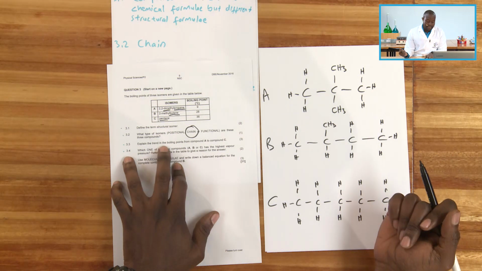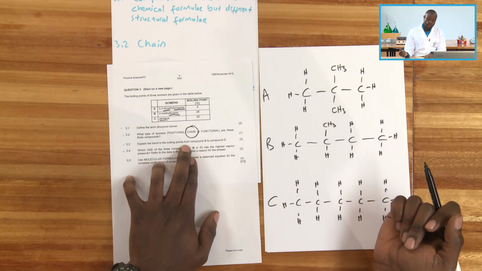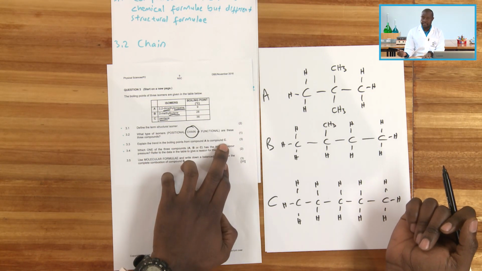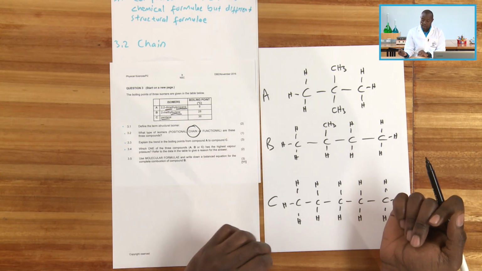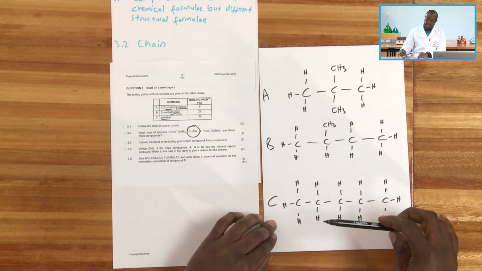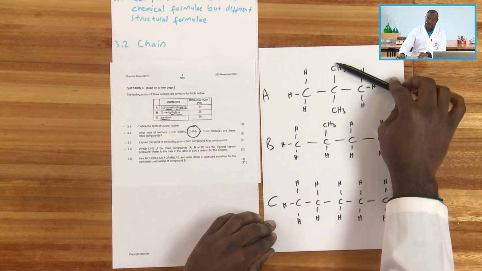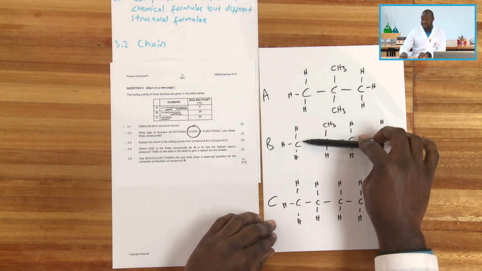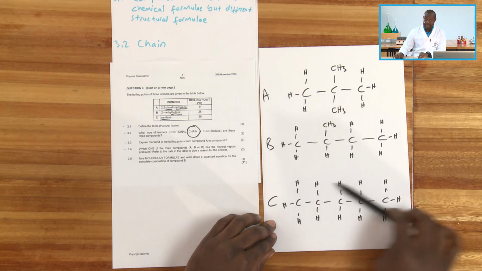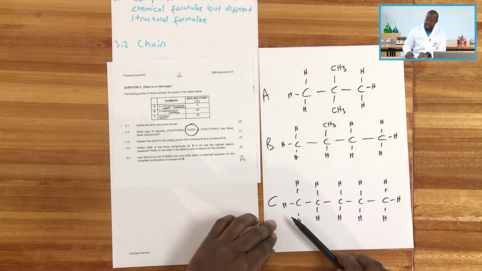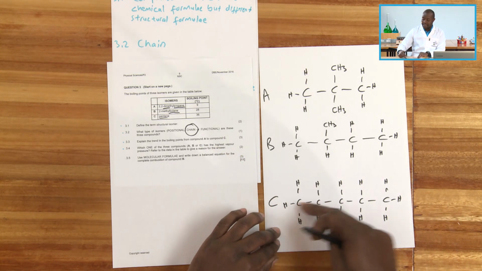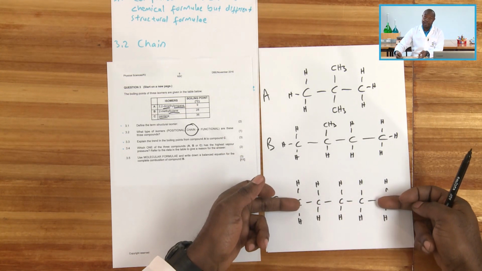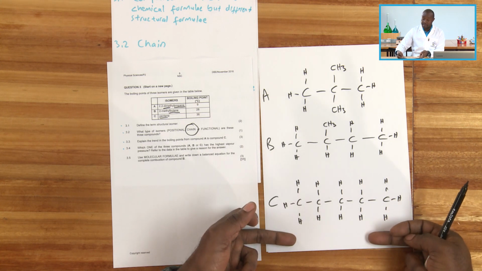3.3 says explain the trend in the boiling points from compound A to compound C. You would remember that when we looked at isomers, we said that this is a branched isomer, this is less branched than this one, and this is a straight chain. And we said that a straight chain offers more surface area for intermolecular bonding with the next molecule.